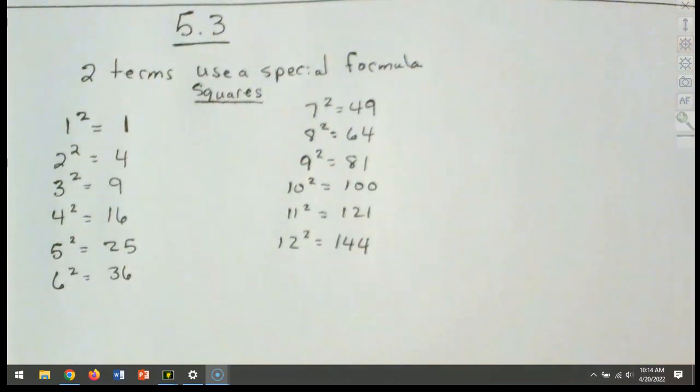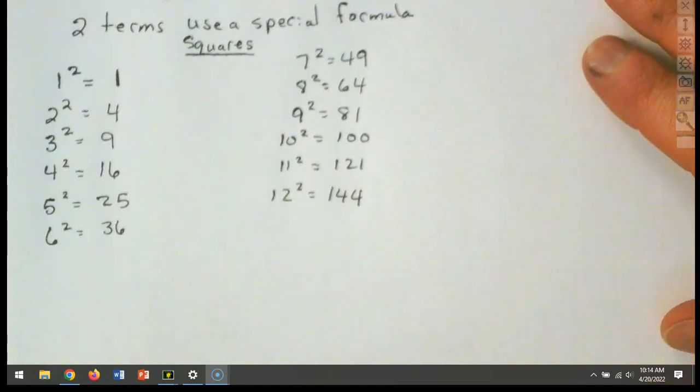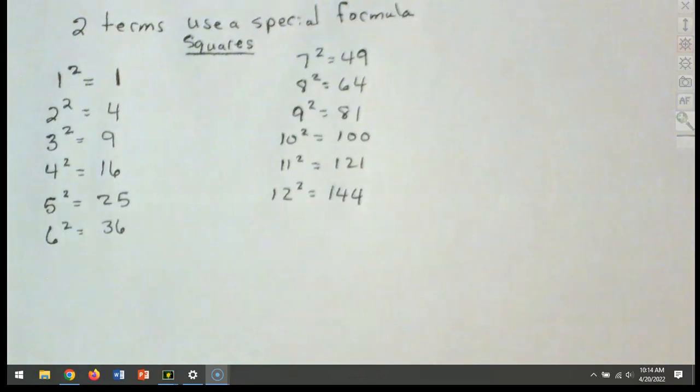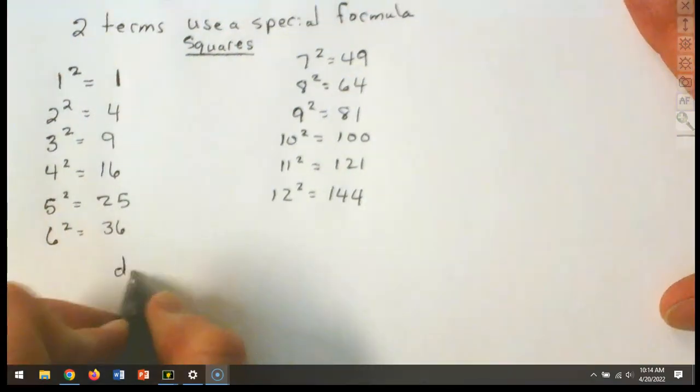And these have a specific formula. They're very simple. Squares are easy. Cubes are a little bit more complicated, but not much. So we're going to look now at what's called a difference of squares.